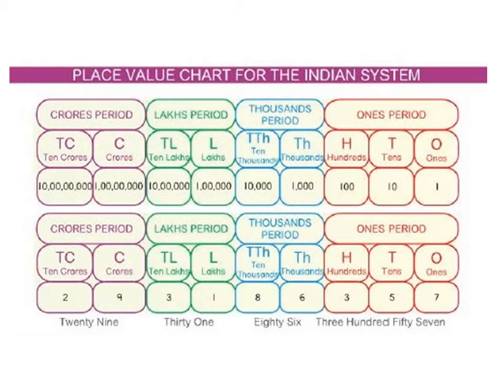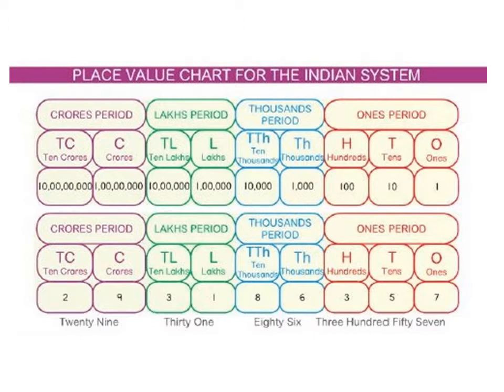In the lower part of the chart given on screen, there is a number 29,31,86,357. So the last 3 digits come under the ones period. It will be read as 357. The fourth and the fifth digit from the right hand side, that is 86, will be read as 86,000s. Then the next period, the lakhs period, will be read as 31 lakh.